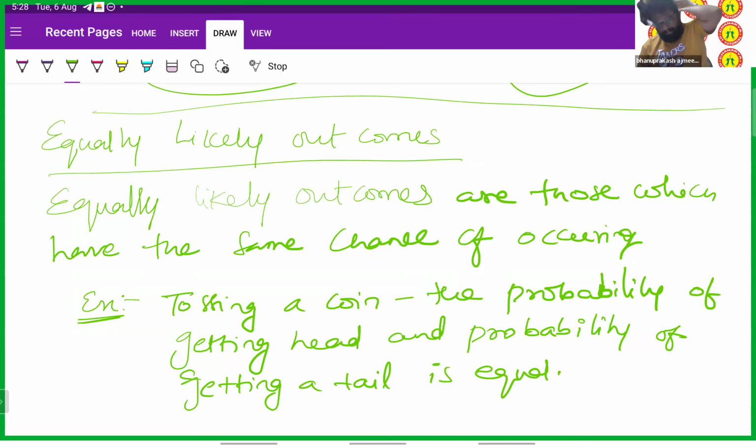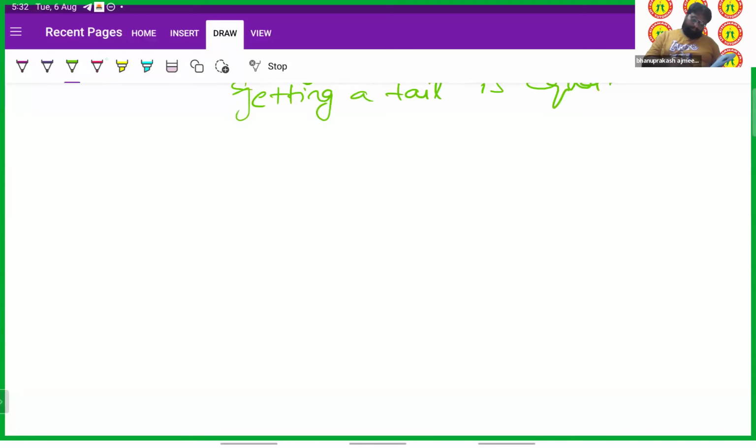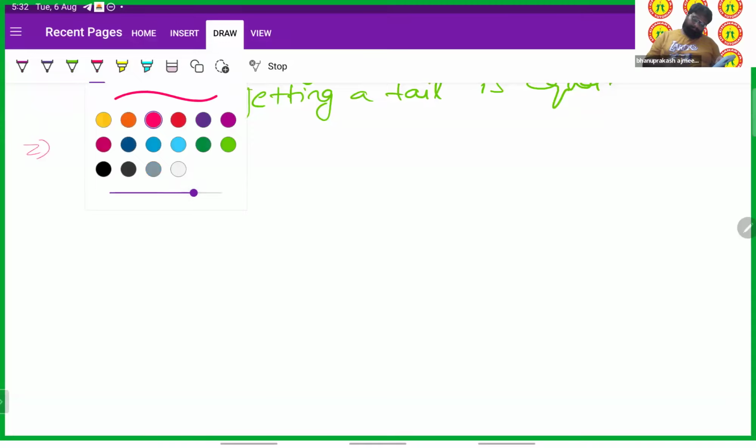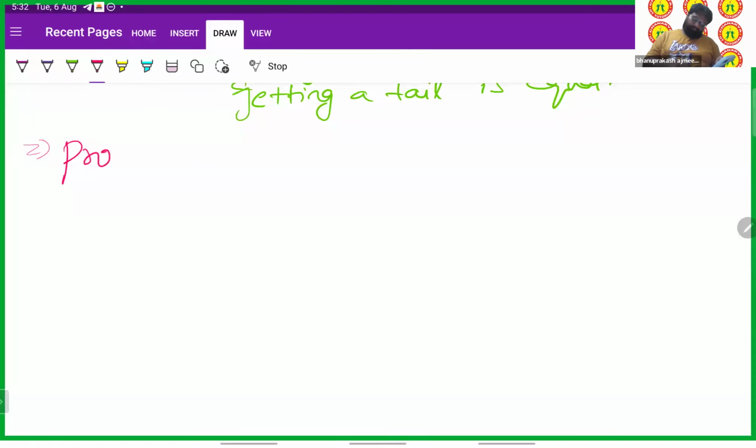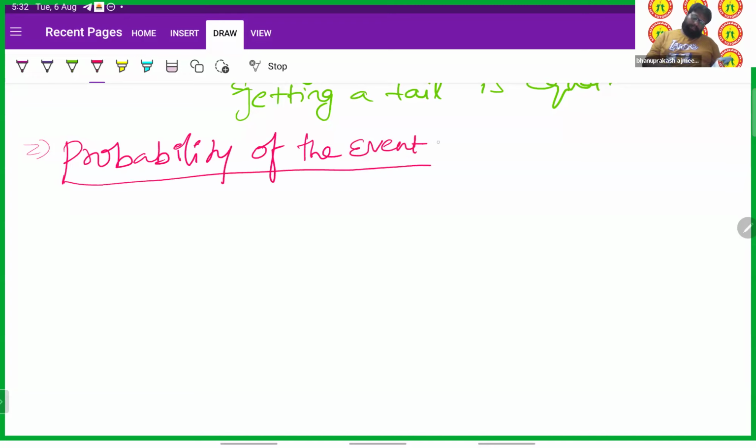Next, probability of an event. Please note down parallelly. I told you what is event yesterday.